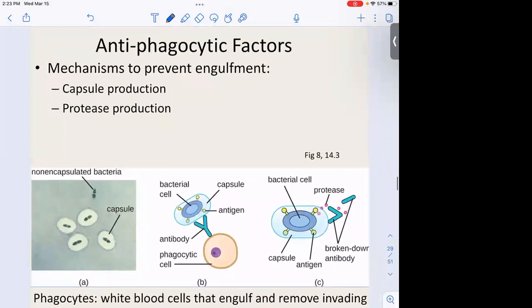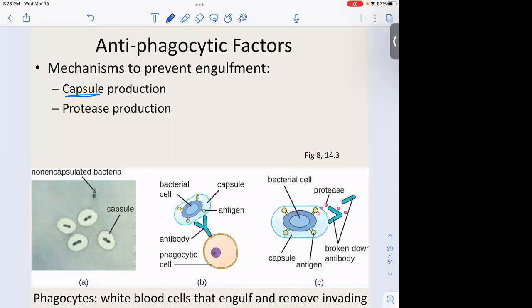Some bacteria, though, or other microbes, will have mechanisms to try to keep our phagocytes from killing them. We talked about capsule production and how that's one of the reasons that it's so common in the bacterial world for cells to produce capsules, because it makes it harder. If you think of The Incredibles, this is dating me because that movie was a while ago, Violet in The Incredibles had this shield around her.